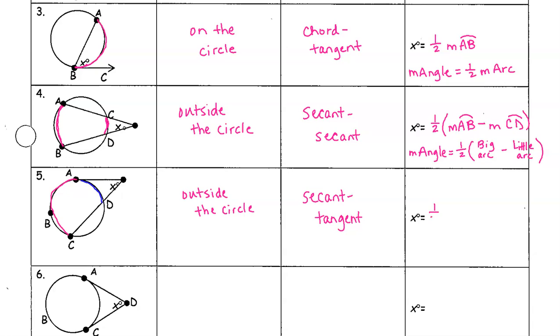So we're going to subtract again. So we're going to do 1/2 the measure of arc. Now this one looks like it's going to be a major arc, so let's call it arc ABC minus the measure of arc AD. So again, let's not do it that way. Let's write it in a general form. So the measure of the angle is equal to 1/2 big arc minus little arc.